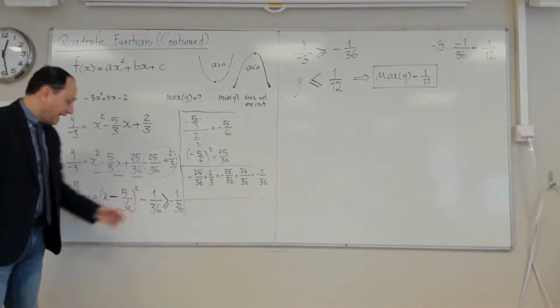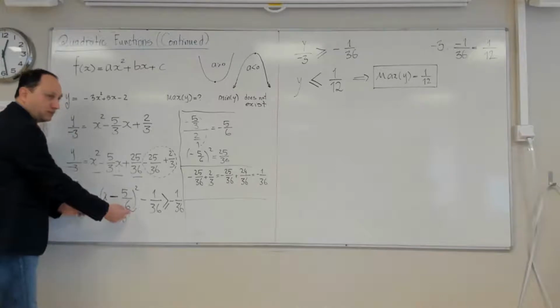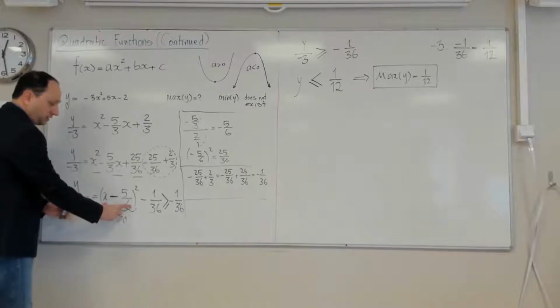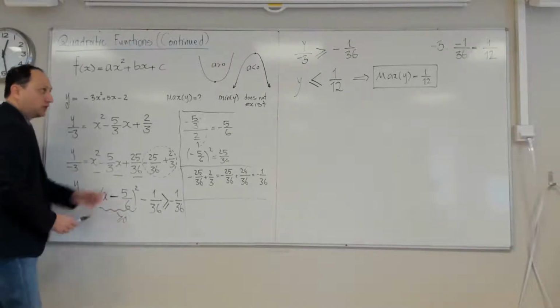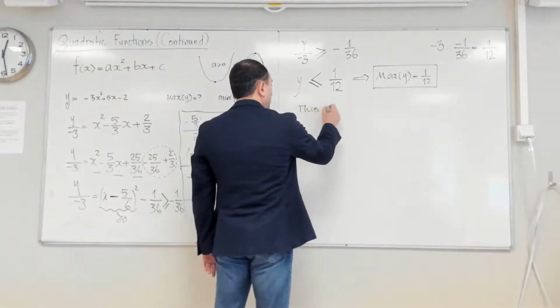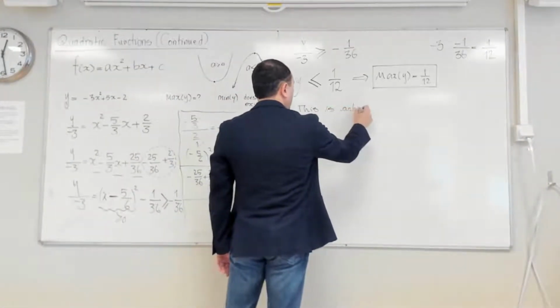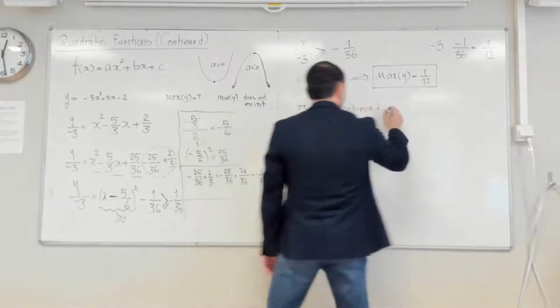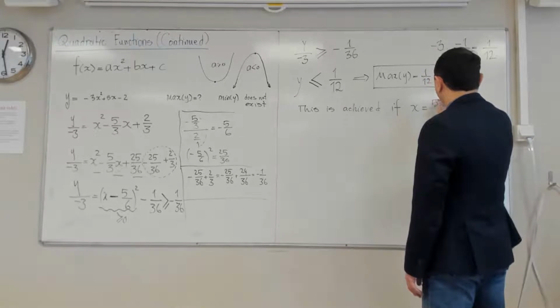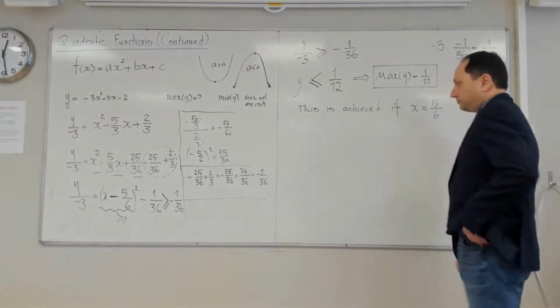This equality happens if it takes its minimum value. So this means that this happens if this expression in this pair of brackets should be 0. So this is achieved if x is equal to 5/6.